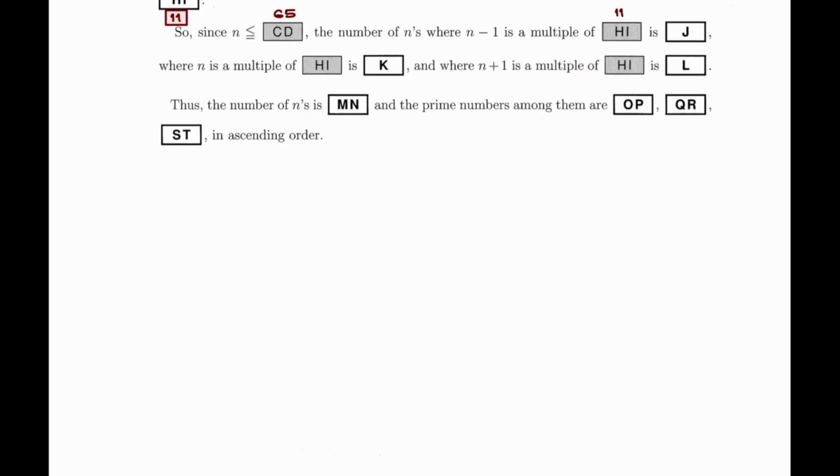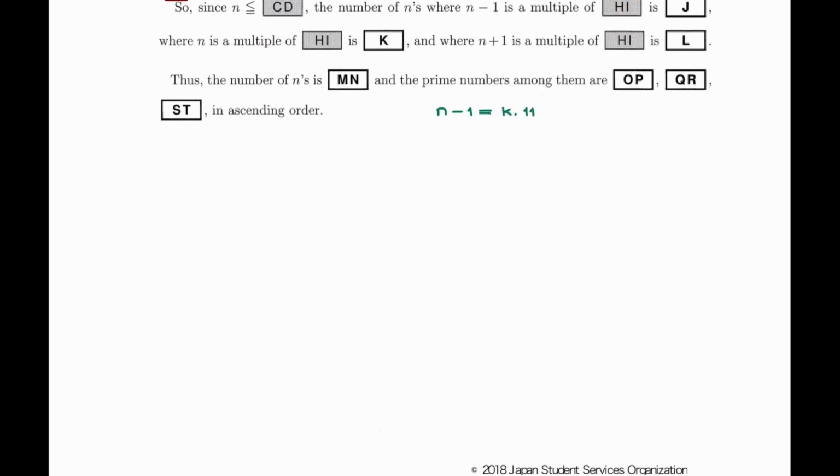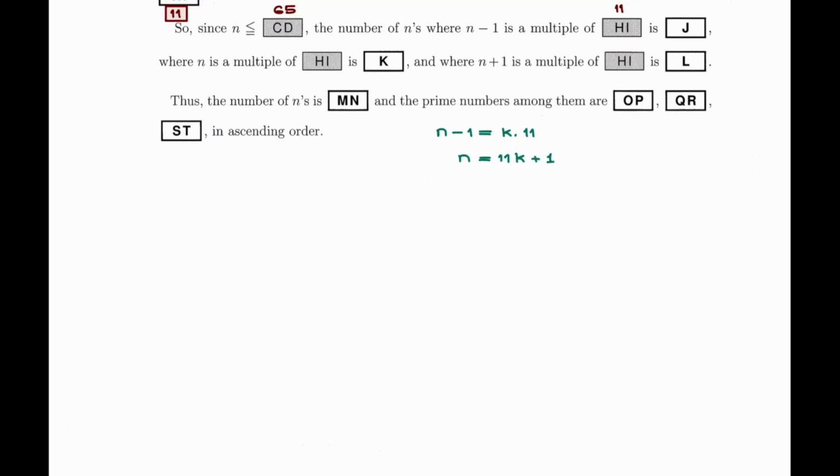To know the number of n, I can write down an equation like this. n minus 1 is a multiple of 11. Multiple of 11 means I can write k times 11. That means n is equal to 11k plus 1. You can substitute k using a natural number.